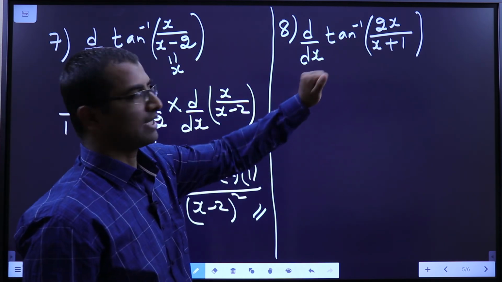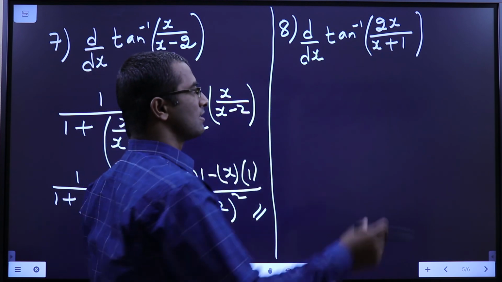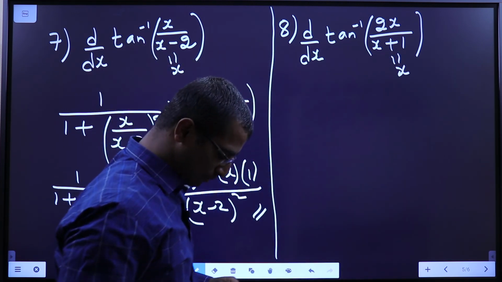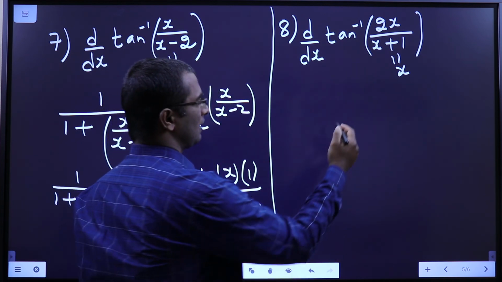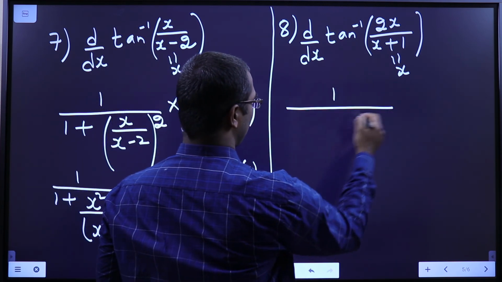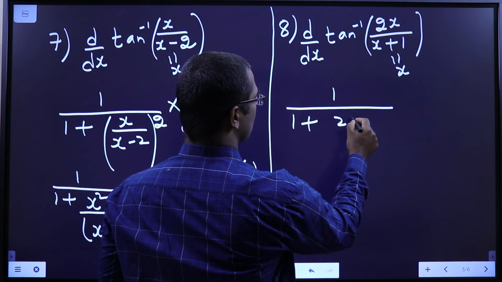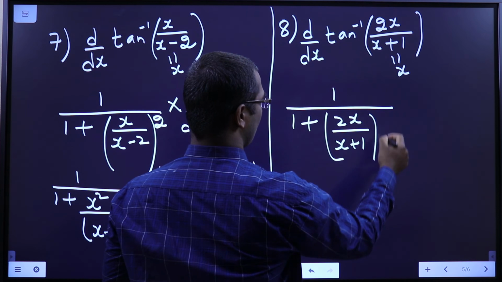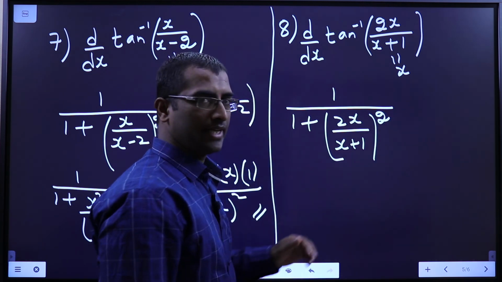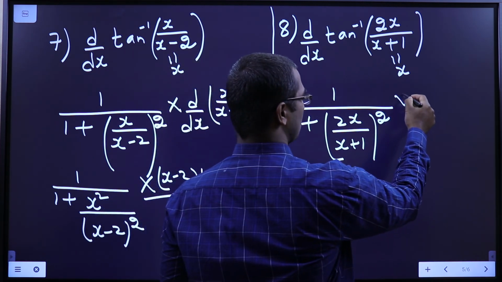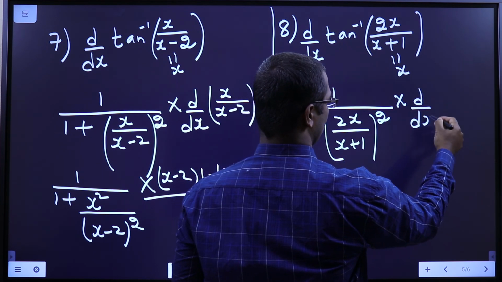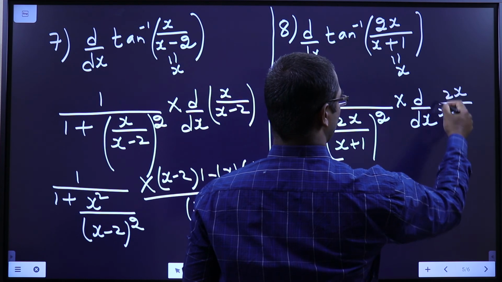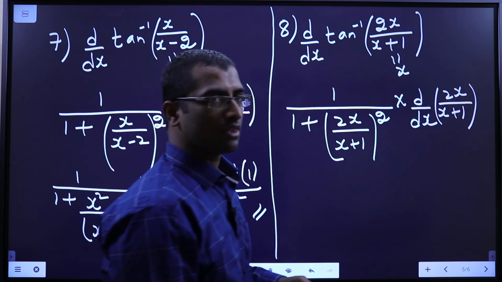Now look at this one. Tan inverse 2x by x plus 1. Again this entire thing you will assume it to be x. So for tan inverse x, the formula is 1 by 1 plus 2x by x plus 1 whole square into d by dx of, in place of x, whatever you have, that is 2x by x plus 1. Okay.